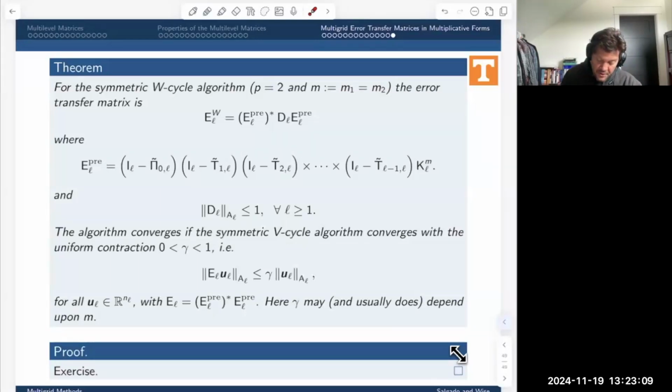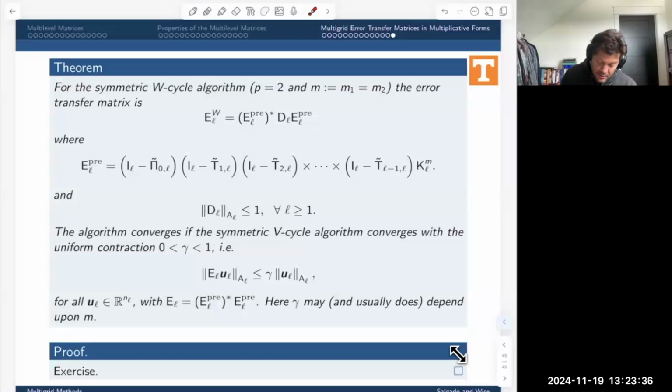This algorithm converges if the symmetric V cycle converges with the uniform contraction rate gamma. So if we assume that this guy has a contraction like that, then this matrix will also represent a contraction. I didn't put a rate there. I probably should have.